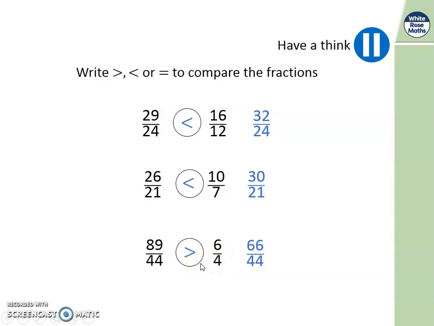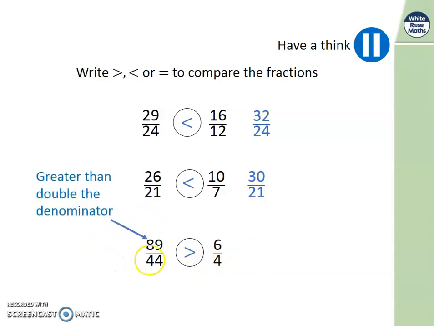There is another way we could look at this one on the bottom. Let's have a look at the relationship on this side. Now, if I double 44, I get 88. So one lot of 44 44ths would be one whole one. And 89 is greater than double the 44, because double 44 would be 88. It's one more 44th.